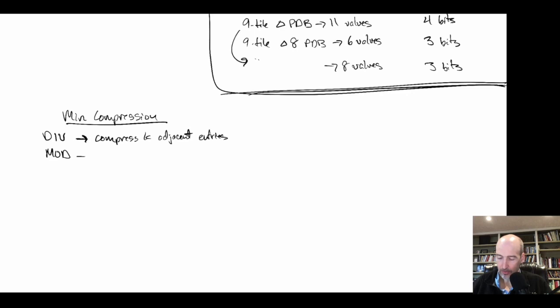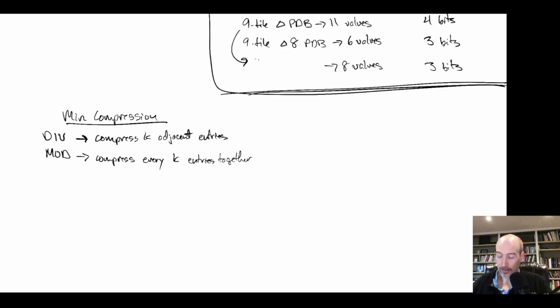And mod is going to compress a k. Well, I'll draw a picture of it in a second. It's going to compress, this is done by basically modding or divving our indices, but it's going to compress every k entries together. And the k's here are very different for what's going on for the two of these.